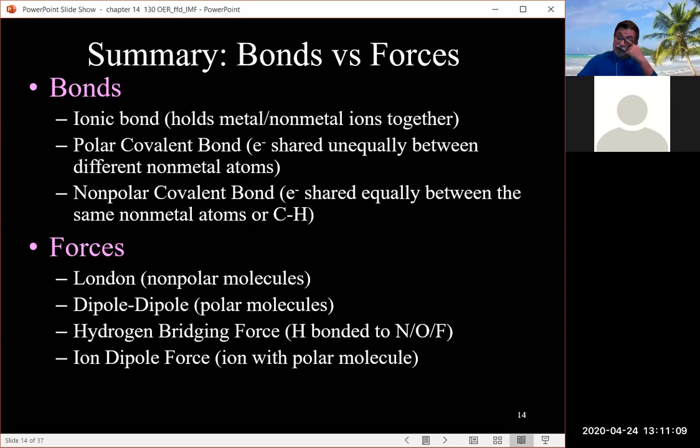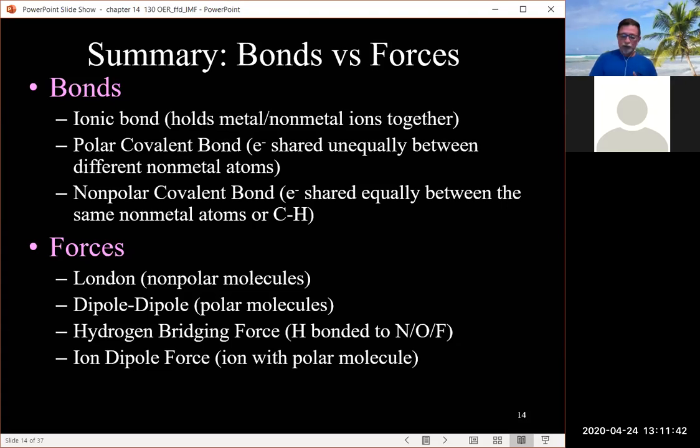If the sharing is unequal, because one element is stronger, has a higher EN, electronegativity, then we're going to have an unequal sharing, which results in a polar covalent bond. If the sharing is equal amongst the two elements that are bonded, then we have a non-polar covalent bond. So all the diatomics and a lot of compounds in which the polar bonds cancel out will be non-polar.